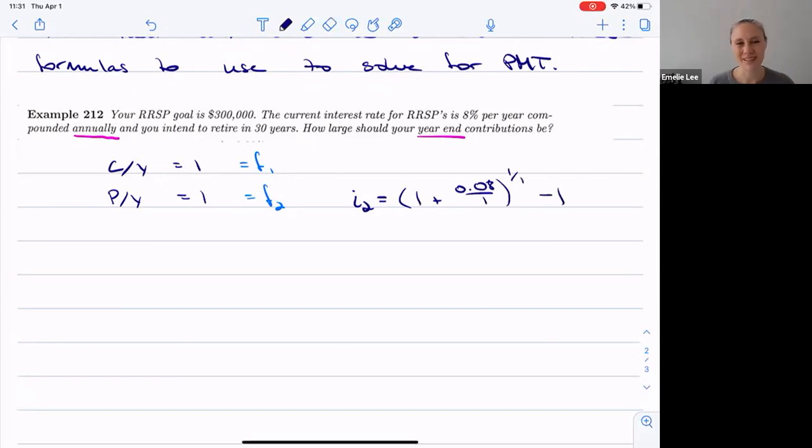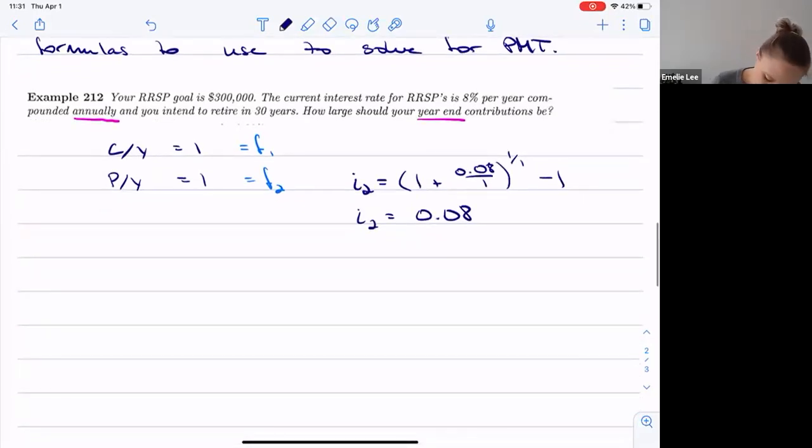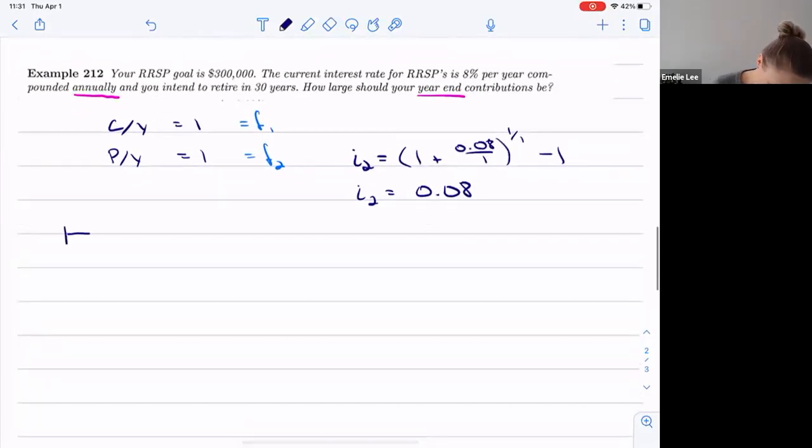Lots of ones in here, and I2 just puts me at 0.08, right? Which is I1 as well. So nice breezy calculation here, nothing to worry about. But it is good to get in the habit of always finding I2, because that's the I that you should use.